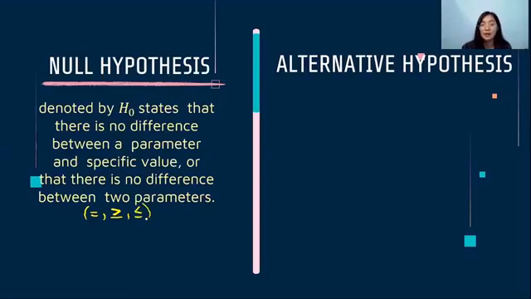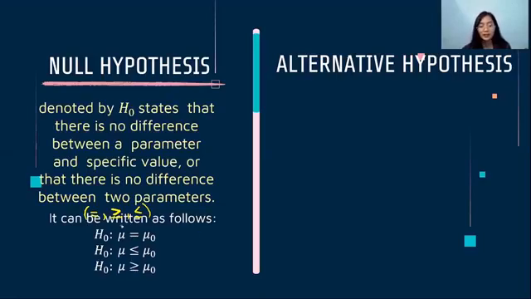Note that we always have an equal sign in formulating our null hypothesis, and it can be written as follows: mu is equal to mu sub 0, mu is less than or equal to mu sub 0, or mu is greater than or equal to mu sub 0, wherein our mu symbol represents the population parameter. And mu sub 0 represents our specific value.